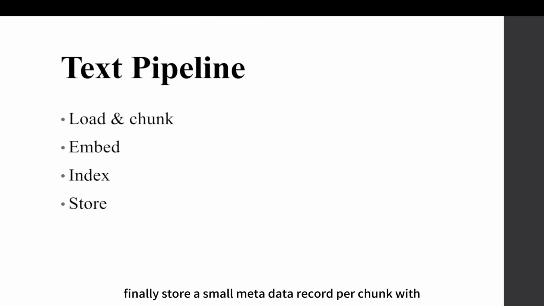Finally, store a small metadata record per chunk with file name, chunk ID, and a short preview. Under the hood, this step calls the embedding API on Nexa to turn our chunks into vectors, then writes the index and metadata to disk.